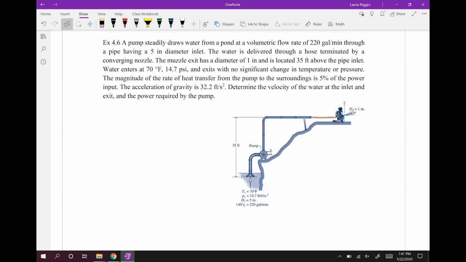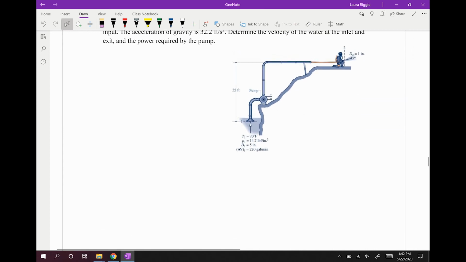Water enters at 70 degrees Fahrenheit and 14 psi and exits with no significant change in the temperature or pressure. The magnitude of the rate of heat transfer from the pump to the surroundings is 5% of the power input. We're given the acceleration of gravity, and we're tasked with determining the velocity of the water at the inlet and the exit and the power required by the pump.